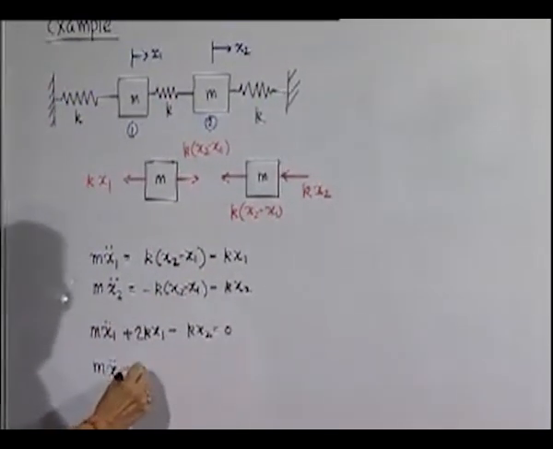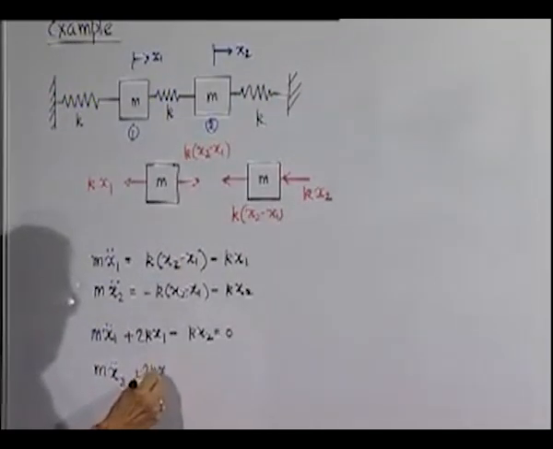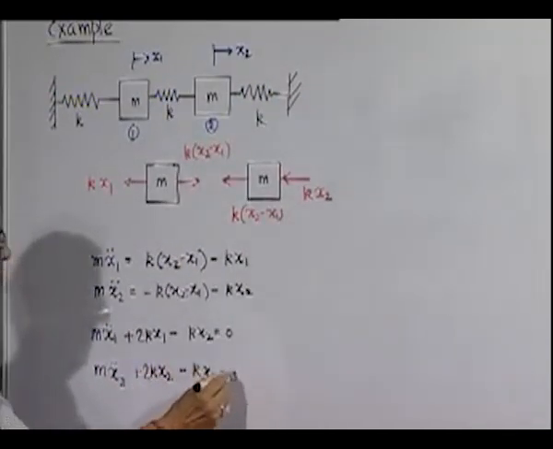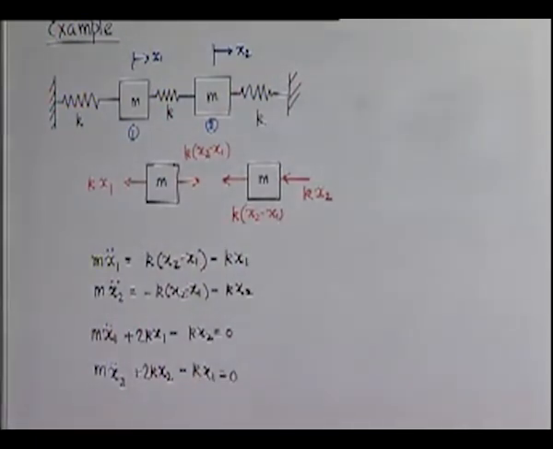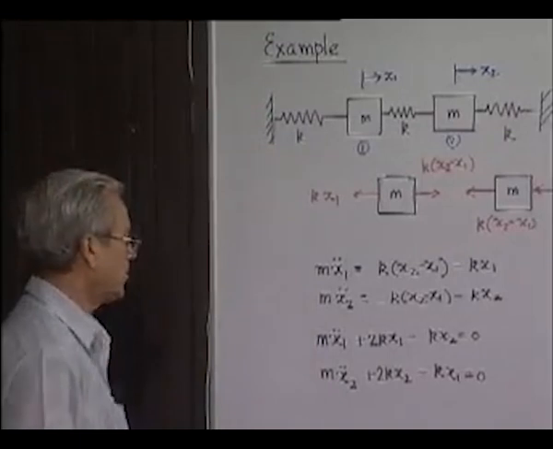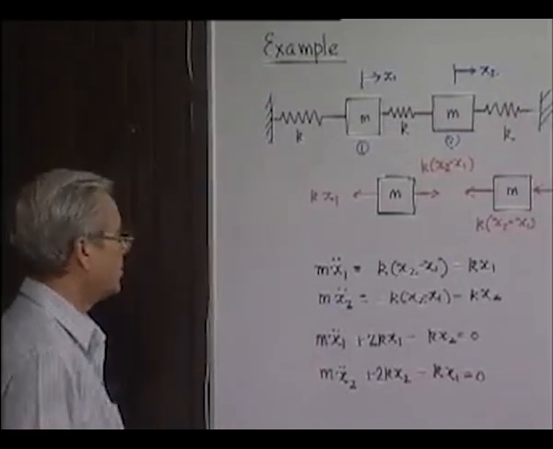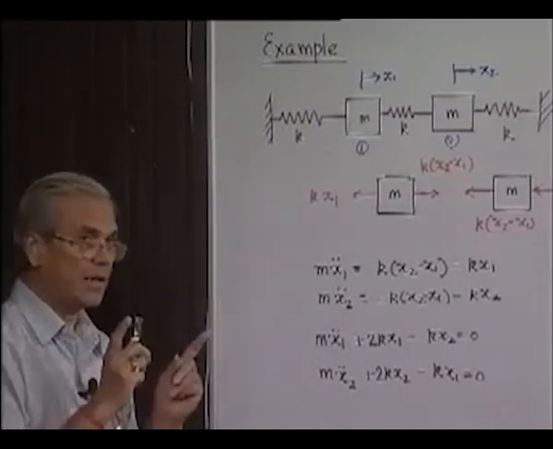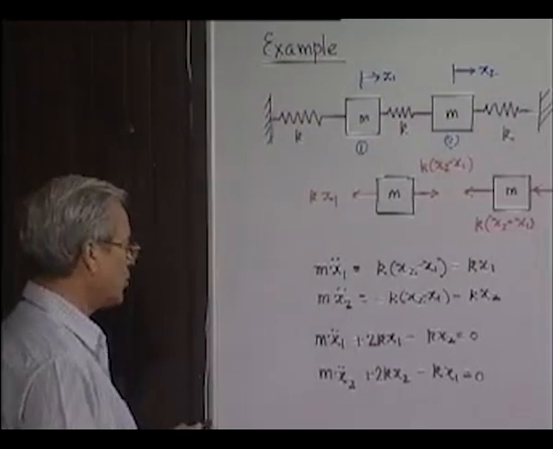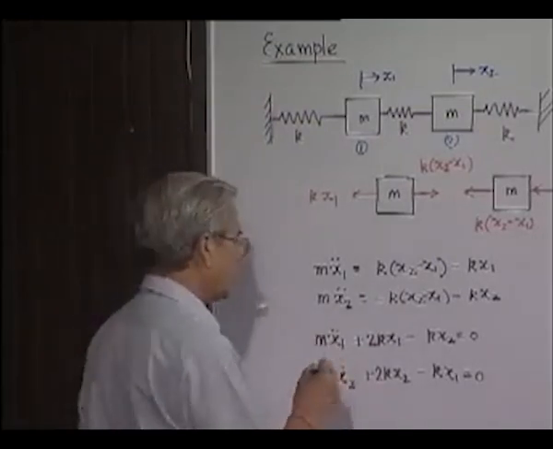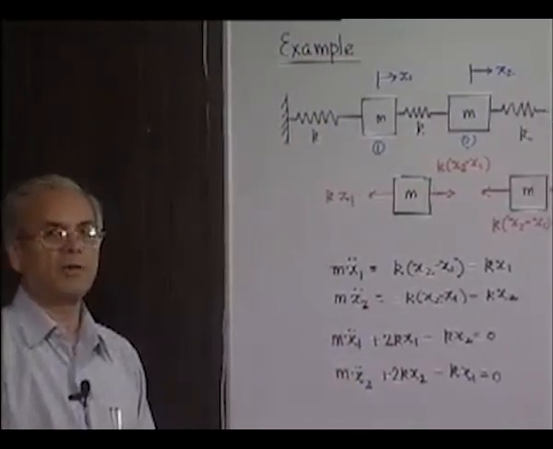So, kx2 minus kx1 minus kx1, so it will be plus 2kx1 minus kx2, and this one will be plus 2kx2 minus kx1.